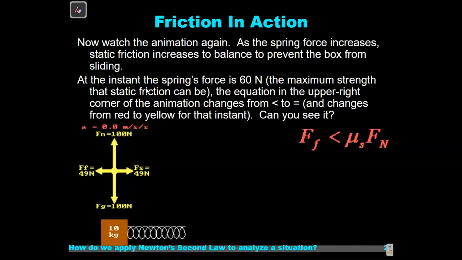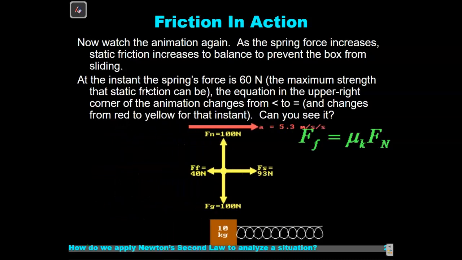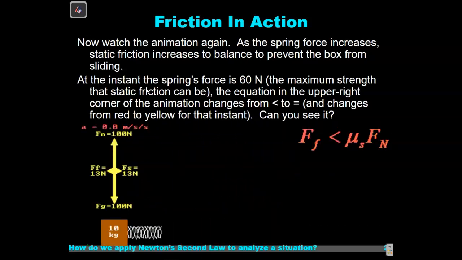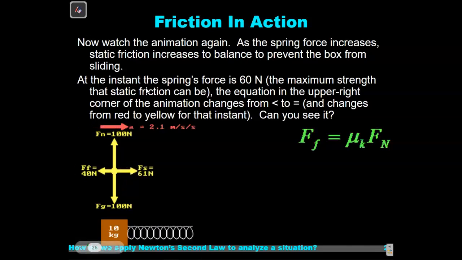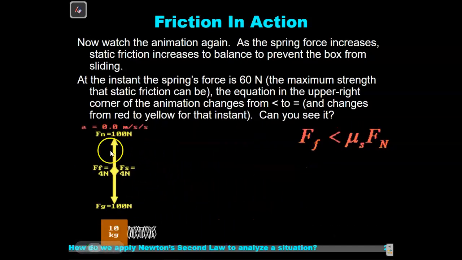And then once our spring force gets greater than 60, at the instant the spring force is 60 newtons, the maximum strength that the static friction can be, the equation in the upper right-hand corner of the animation changes from less than to equal, and changes from red to yellow in that instant. Here it comes. Ready, now. That's a lot to watch. These numbers on the left, and then the numbers over here.